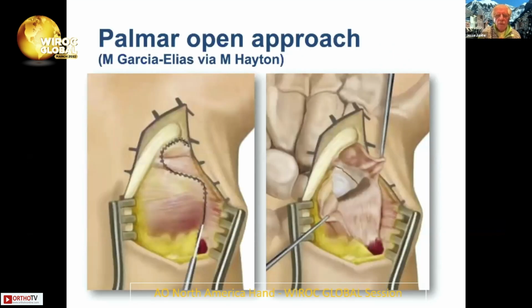The standard approach in many books has you paralleling the flexor carpi radialis and cutting straight across the volar radial scaphocapitate ligaments. But in trying to avoid that, Mark Garcia-Elias came up with this idea of creating two flaps. And then by doing this and closing them in sort of a Z-plasty fashion, you may have less traumatic injury to those ligaments.